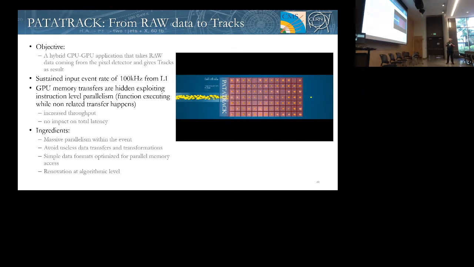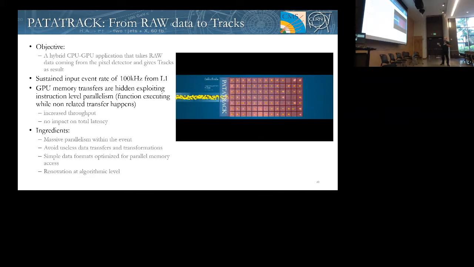So the objective is to create an application which takes raw data coming from the detector and gives tracks as an output, just like if we had a tracker that instead of giving you pixel data was giving you directly tracks. So the GPU memory transfers are hidden exploiting instruction level parallelism, and the ingredients for this are massive parallelism within the event, so we parallelize within the event.